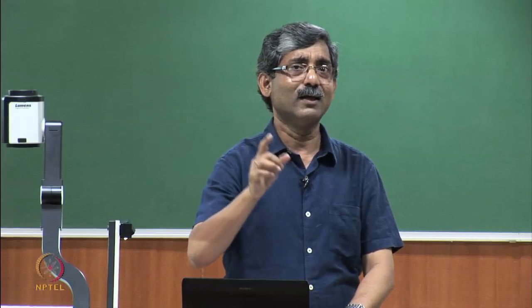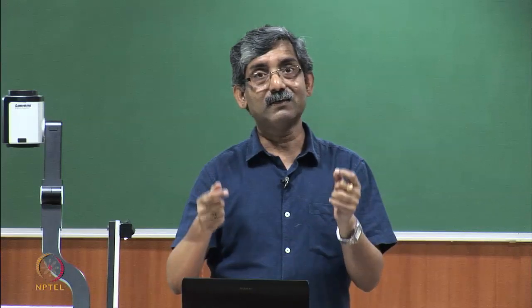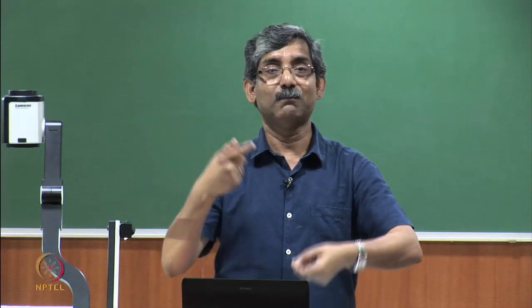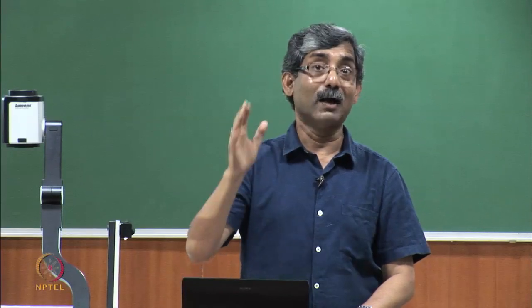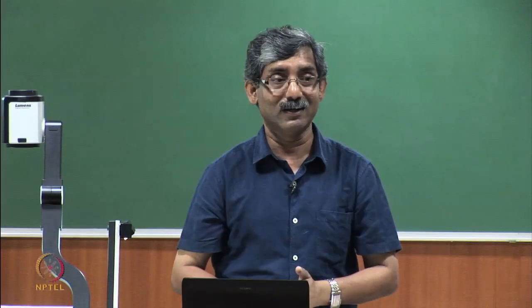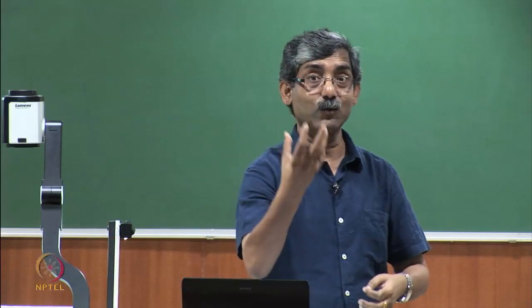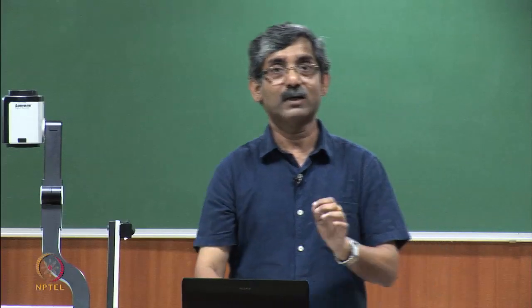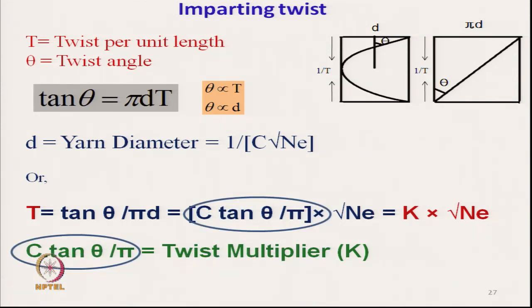Twist per unit length is a physical parameter which can be measured in yarn, but the twist multiplier gives the inner feel of the yarn, what is there inside the yarn, and that indirectly reflects the twist angle. So, the concept of twist multiplier is extremely important.